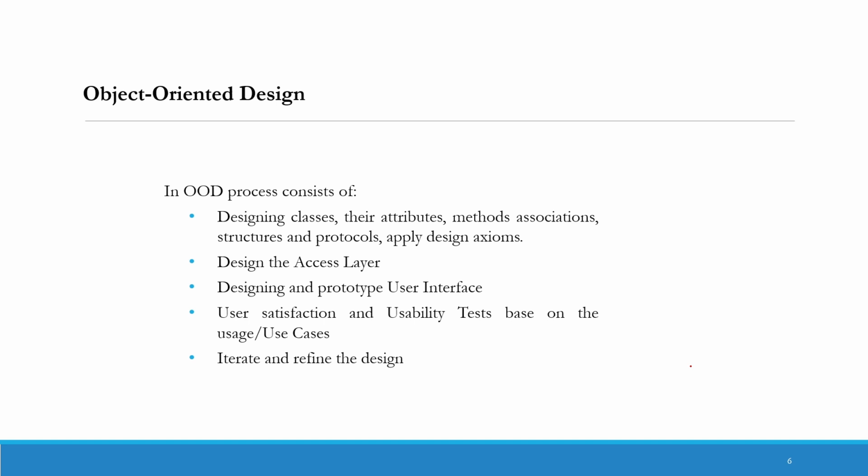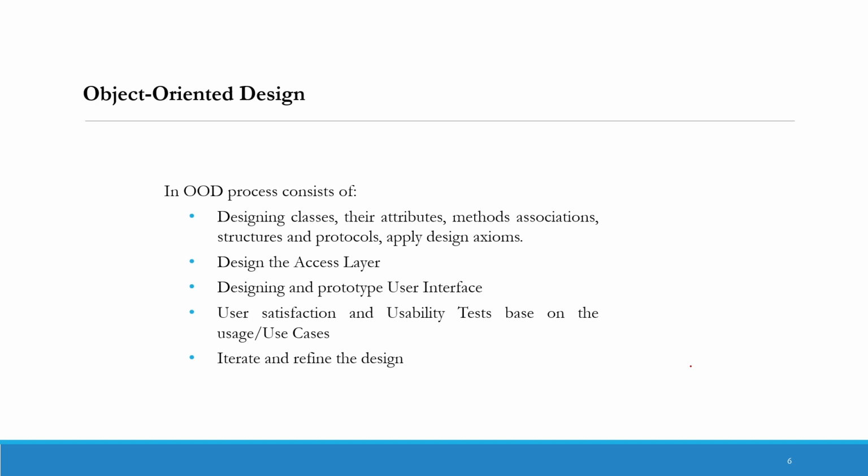What kinds of algorithm can be employed for each component, or what kinds of algorithm will be designed for those particular systems. So we have to do this. The object-oriented process consists of designing the classes, their attributes, methods and associations, structure, protocol, and applying design algorithms.